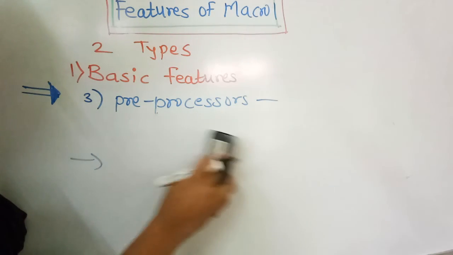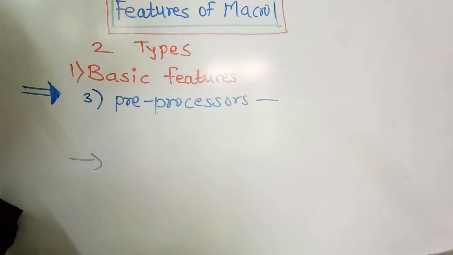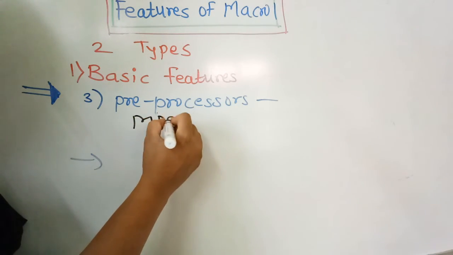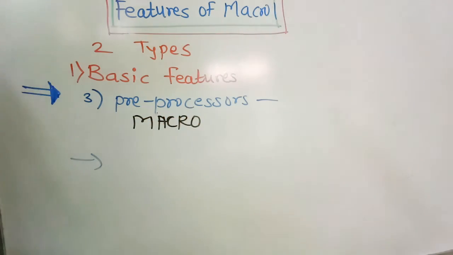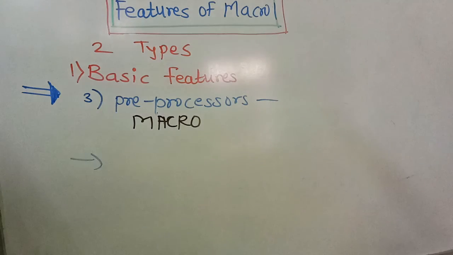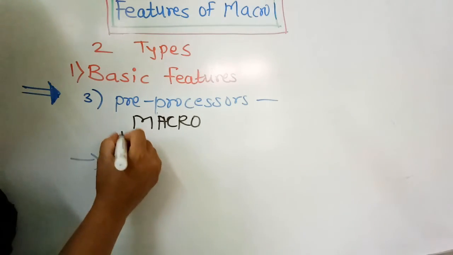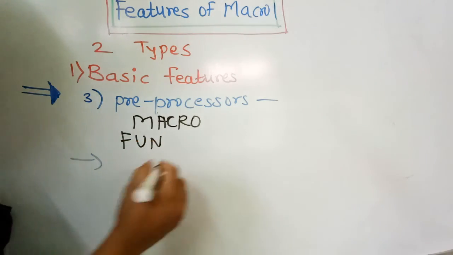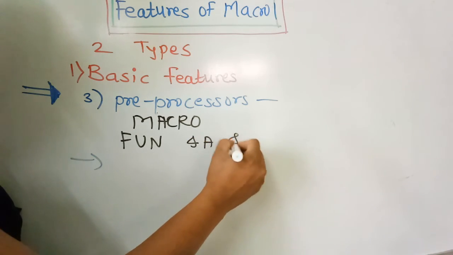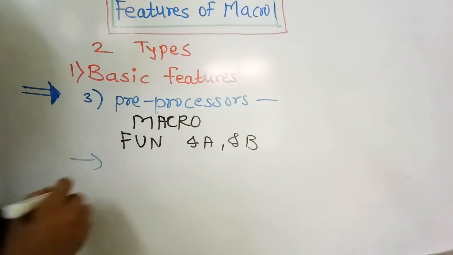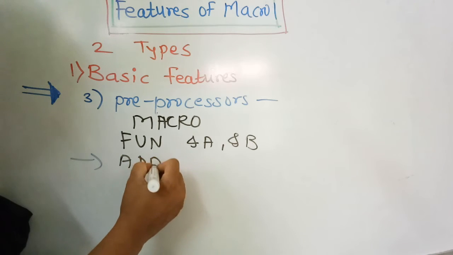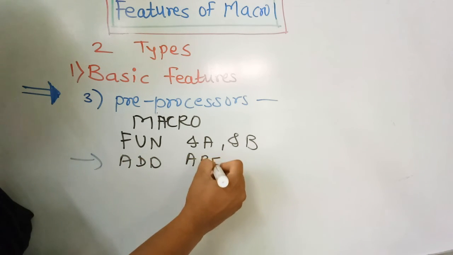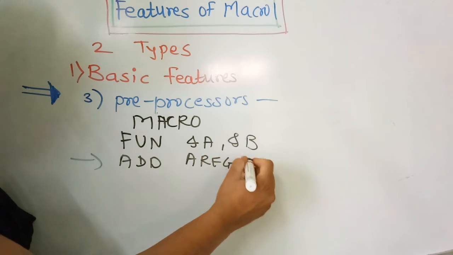Instead of the theoretical point of view, we will take an actual example. For example, macro is the macro function start. Then, for example, one function is there known as a function. It is having two parameters, ampersand a, ampersand b. Then one function is there, that is add, and it is having a register and ampersand a.